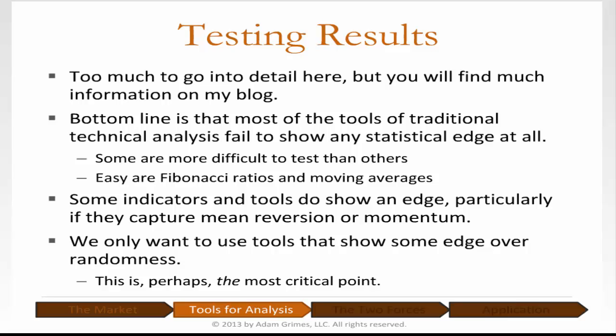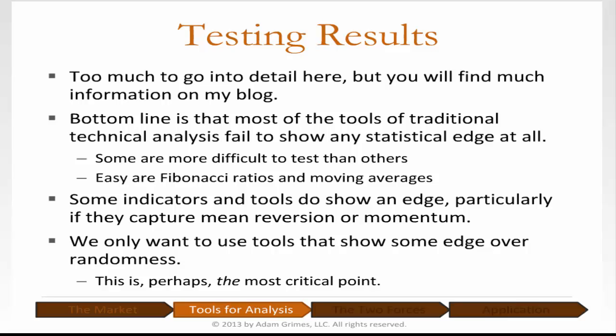And I only want to use things that have passed this quantitative filter, and then I will incorporate them into my discretionary methodology, which is what we're talking about here. But if we don't have some quantitative edge, then it's nothing more than a random coin flip. It doesn't add anything to our analysis.